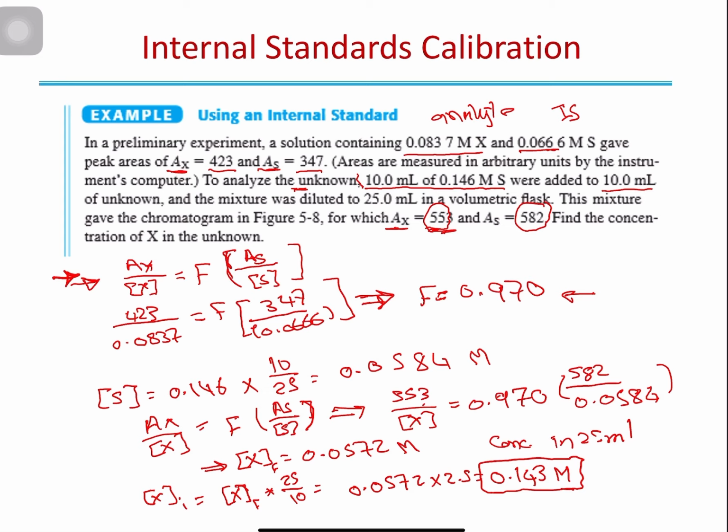So you always have to be careful which concentration you are using and which concentration we are asking about. I'm never going to ask you about the concentration of the standard or of the unknown in the diluted solution, but I'm going to ask you about the concentration in the original solution.